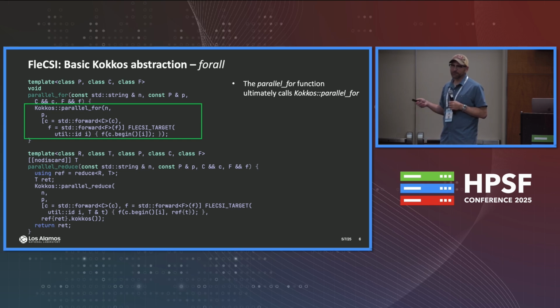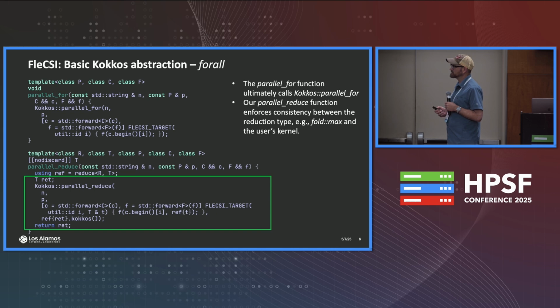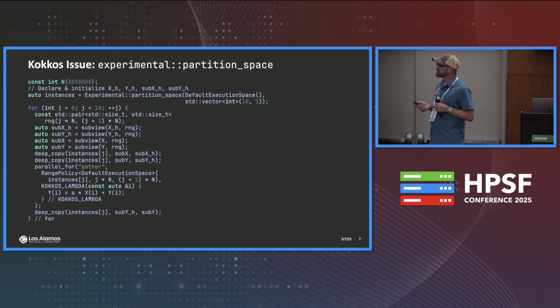This works with different Kokkos policies. A lot of the code that we use does MDRanges to collapse loops. And for our parallel_reduce, the nice thing is that we use type information to enforce some consistency between the reduction type and what the user's kernel is doing. That's the end of that story, what we do, and we've been using this successfully for quite a while.